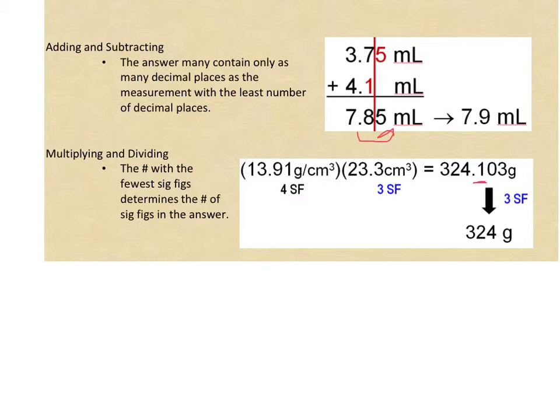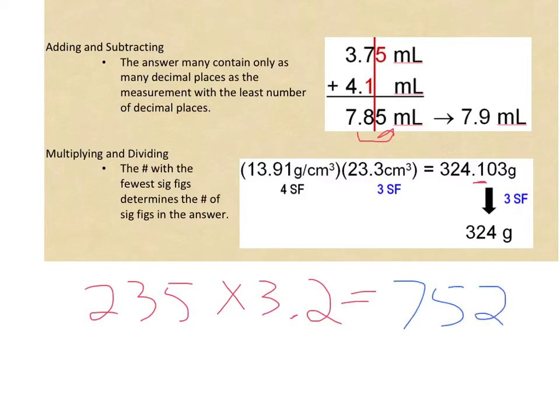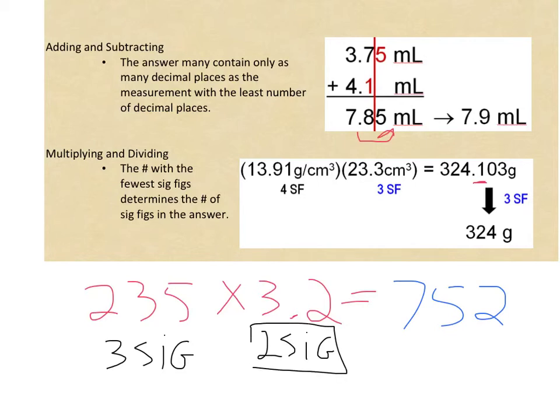Now you will see some odd examples here that are a little tricky to figure out the sig figs. So if you do 235 times 3.2, for instance, when you put that in your calculator, you get 752. However, look at the sig figs. 235 has 3 sig figs, while 3.2 has 2 sig figs. That means my answer needs to have 2 sig figs.